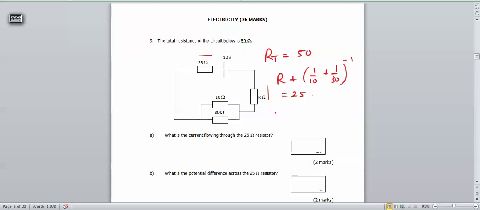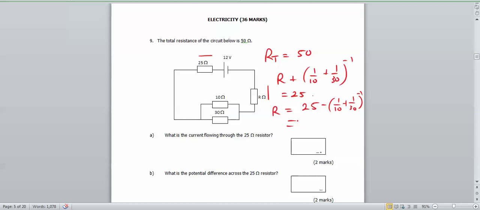So let's go ahead and so therefore 25 take away this 1 over 10 plus 1 over 30, to the power negative 1.